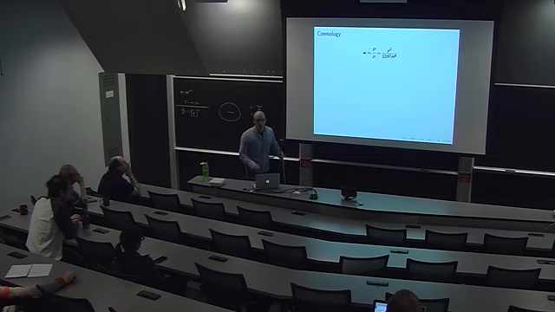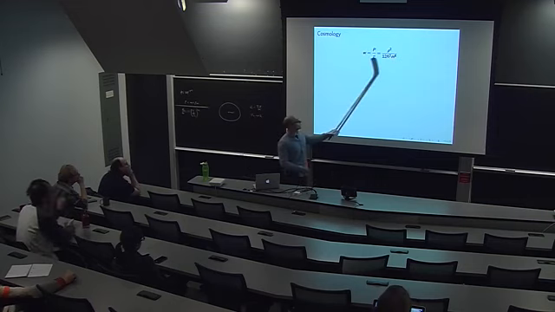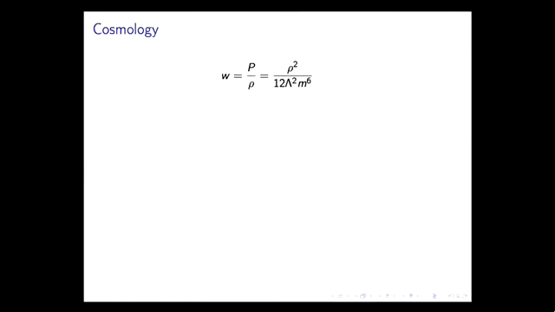Okay, now cosmology, right? We said that we have this equation of state, and of course at low densities the sound speed is basically 0. It seems fine, but we need to make sure that it's a non-relativistic, dust-like equation of state all the way to equality.